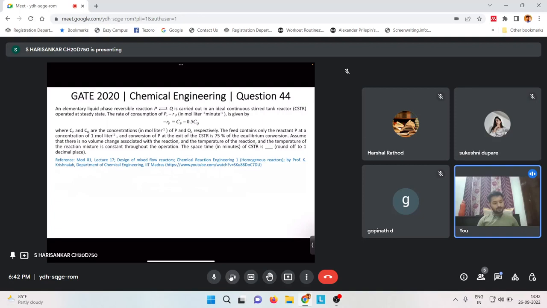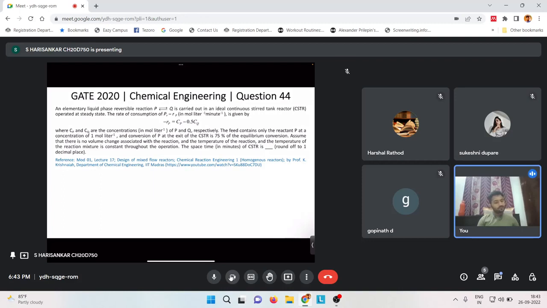The rate of consumption of P, given as rate of P or minus Rp in mole per liter per minute, is given by minus Rp is equal to Cp minus 0.5 Cq, where Cp and Cq are the concentrations in mole per liter of P and Q respectively.